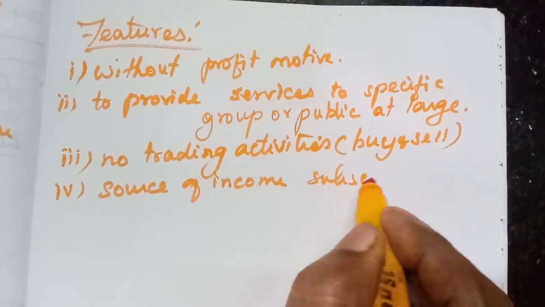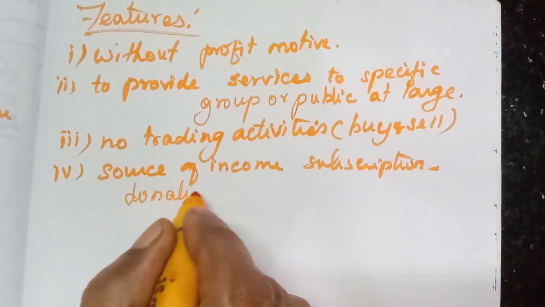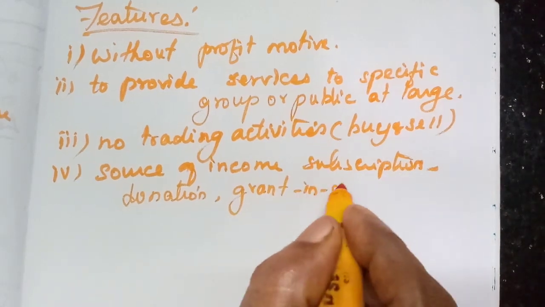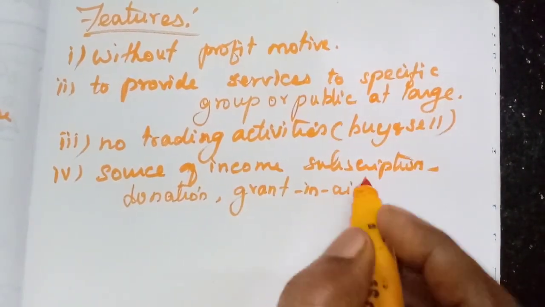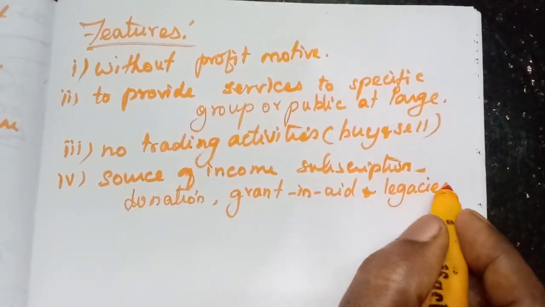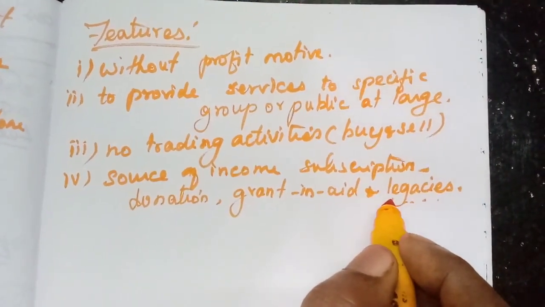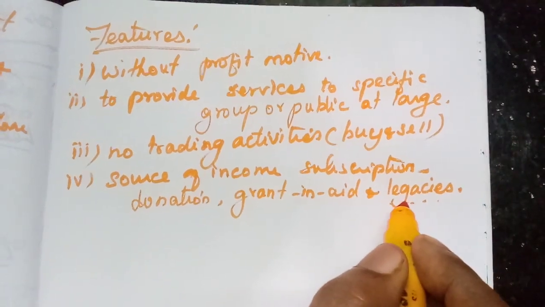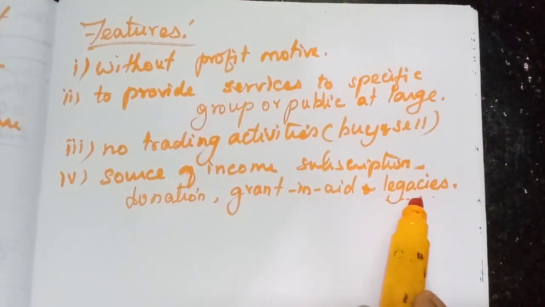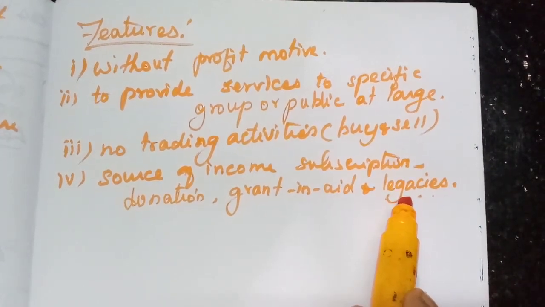One, subscription, donation, and grant in aid. In short, we say grant in aid, and sometimes legacies. What is this legacies? I will explain this legacies. Legacies means, for example, one person is there under one church or any temple.